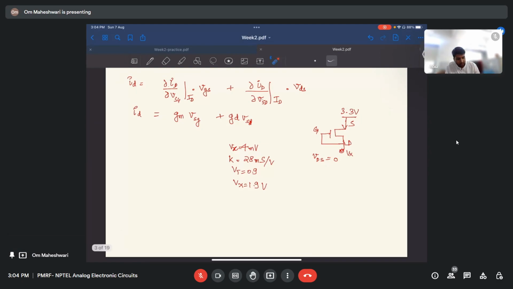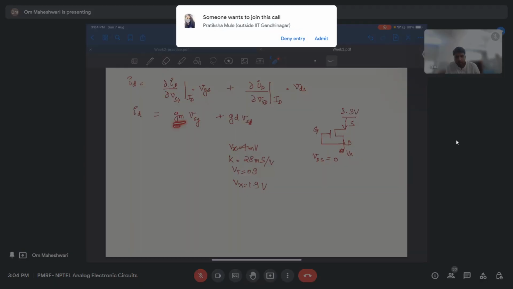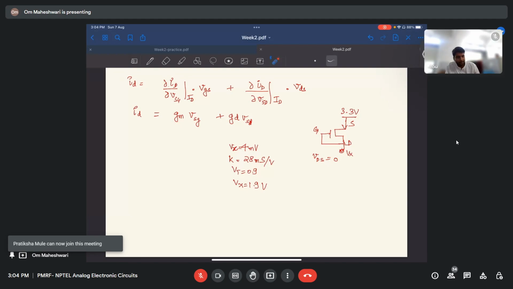What we know is that del ID by del VGS is nothing but the transconductance GM, and del ID by del VDS is the output conductance GD, right? Is there a problem in these two, like from where these current equations are coming? Please open your mic and speak if there is any doubt, okay?